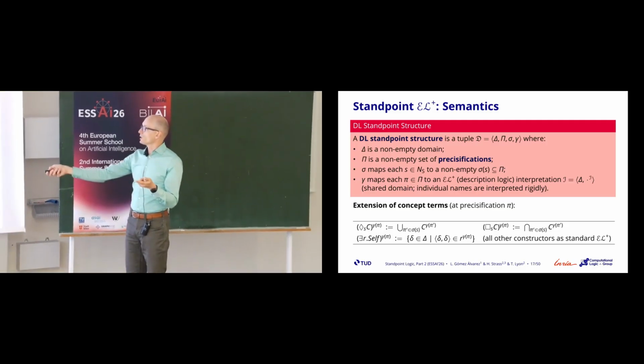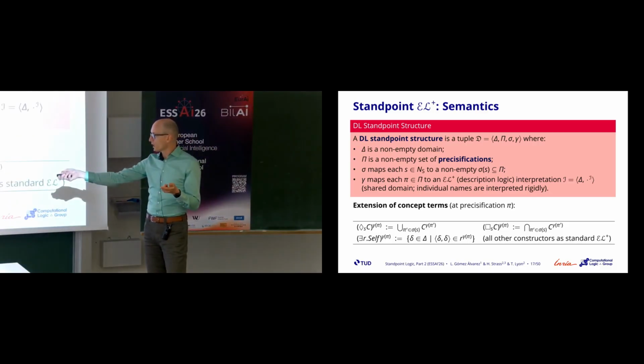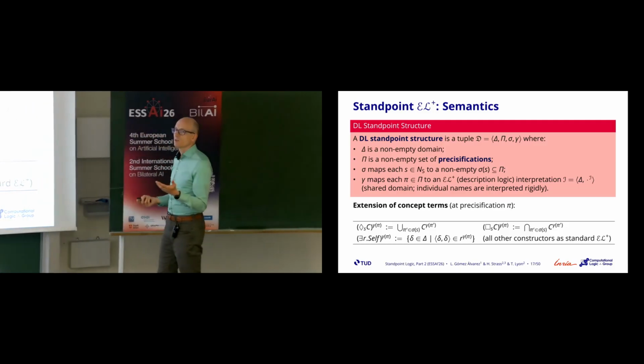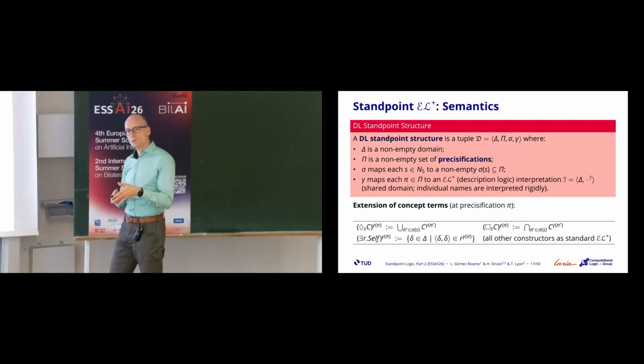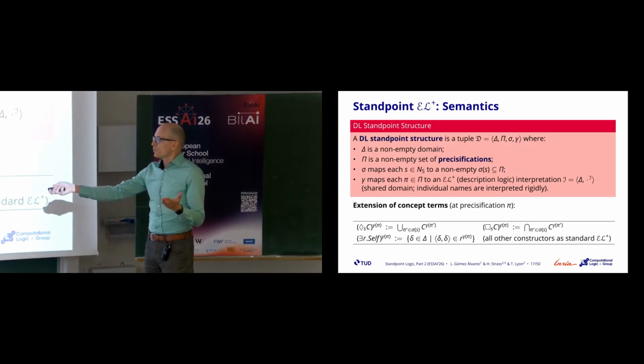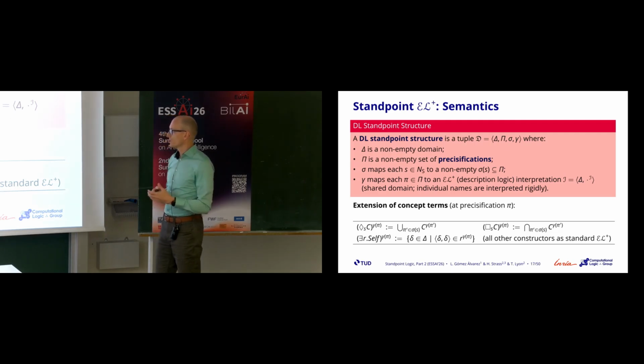Essentially, the interpretation of diamond_S C, which intuitively expresses all the things that, according to S, could conceivably be a C, is formally the extension of C across all π' that belong to the standpoint S.